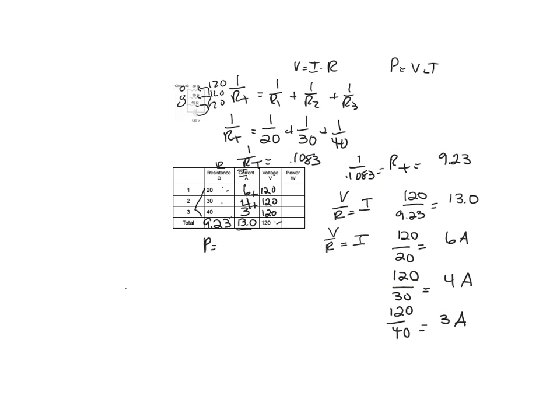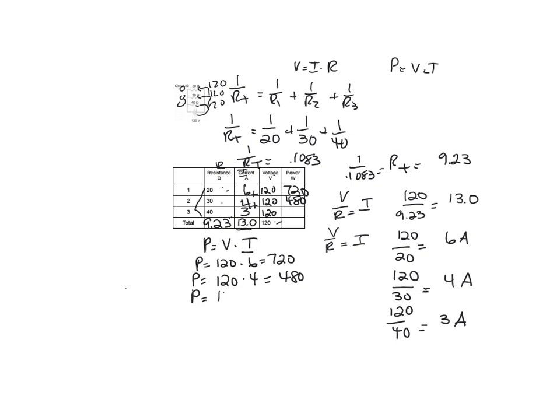So power is calculated V times I, voltage times current. For the first resistor, power is 120 times 6, and that's going to be 720 watts. For the second resistor, still the same voltage, times 4 amps, and that's going to give me 480 watts.